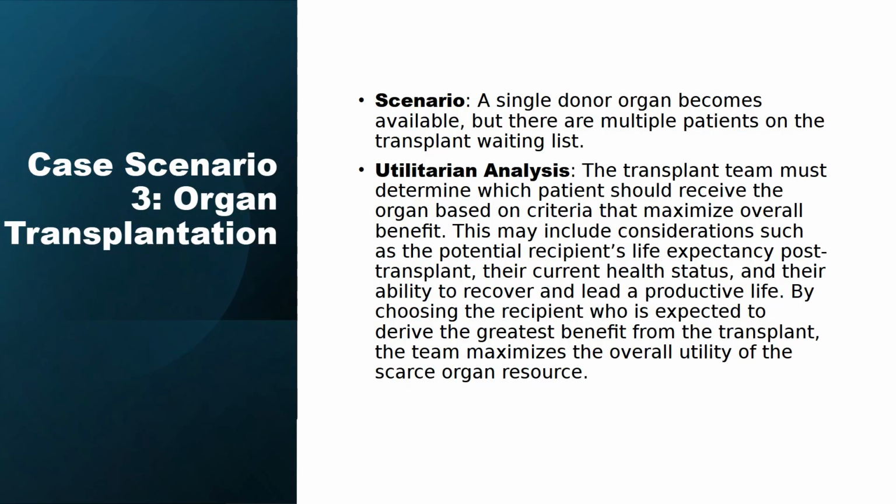Coming to the third case scenario, organ transplantation. The scenario we can imagine is that a single donor becomes available, but there are multiple patients on the transplant waiting list. So, if we analyze it in the utilitarian way, the transplant team needs to determine which patient should receive the organ based on criteria that maximize the overall benefits.